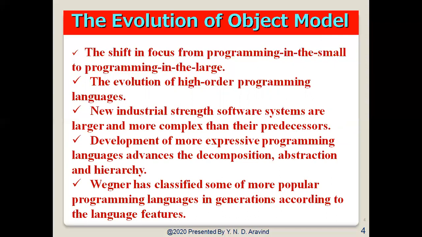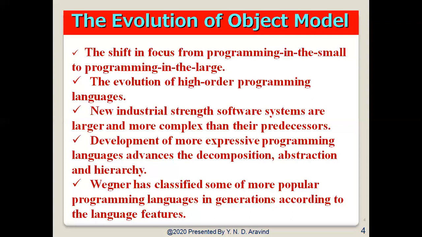So, for the development of software systems, the attention shifted from simple programming. The techniques for writing these simple programs could not be upgraded, so this led to more complex systems. Here, with the evolution of higher-order programming languages, new industrial-strength software systems are larger and more complex than their predecessors.